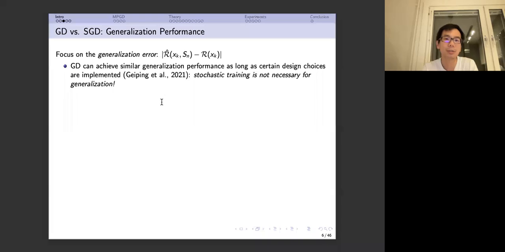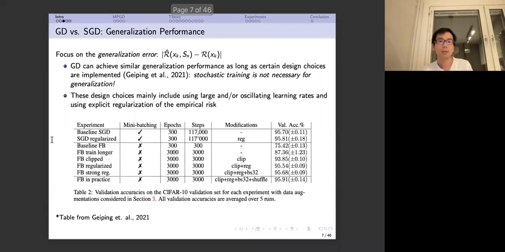This is the motivation of this work by Jerry Payne et al. last year. Usually they use a large learning rate or an oscillating learning rate schedule, or they add some explicit regularizer to mimic the beneficial effect of SGD.